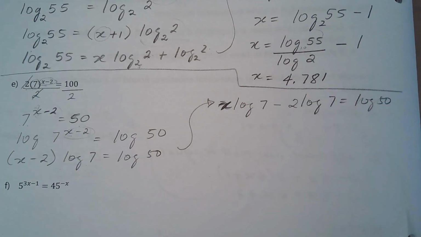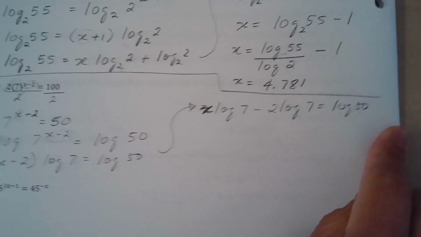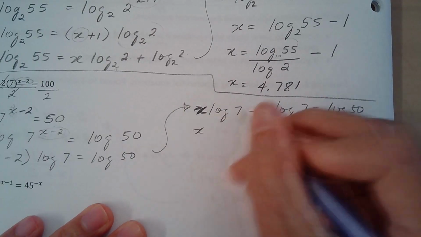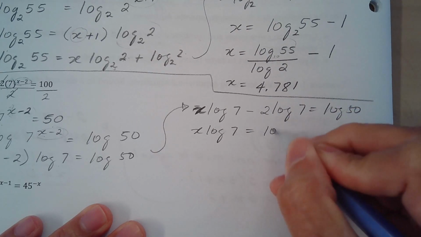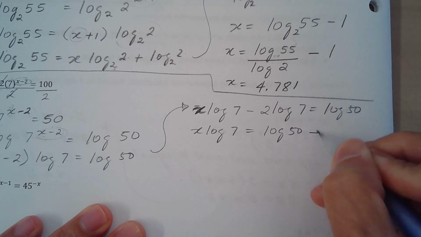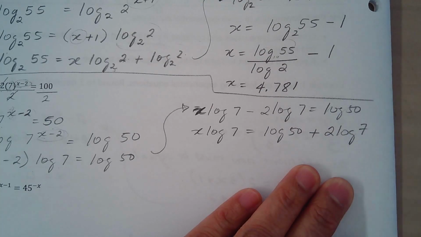This is my x here. I can bring this over to the other side. So this becomes just x log 7 equals log 50 plus 2 log 7.